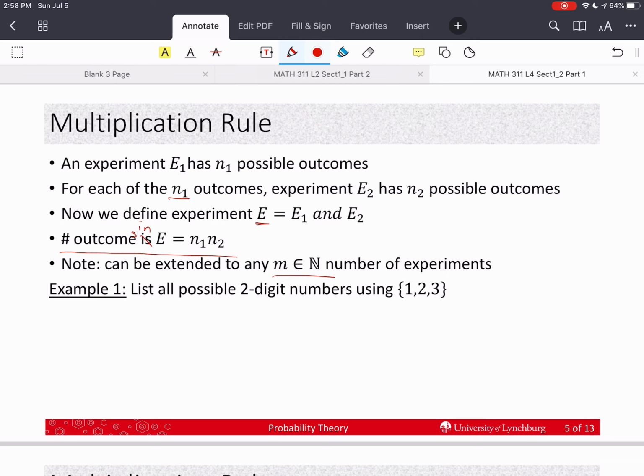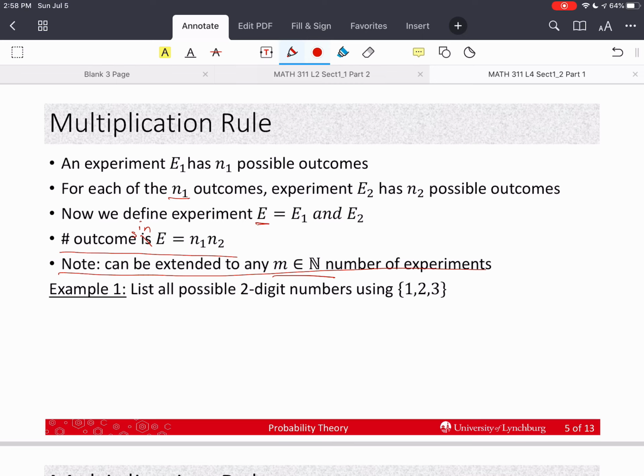So we just multiply the number of outcomes in each one of these successive experiments, and we get the total number of outcomes in the overall experiment. Okay, but we won't do any proof of this really. You might do it for homework, but we're not doing it in the lecture notes.